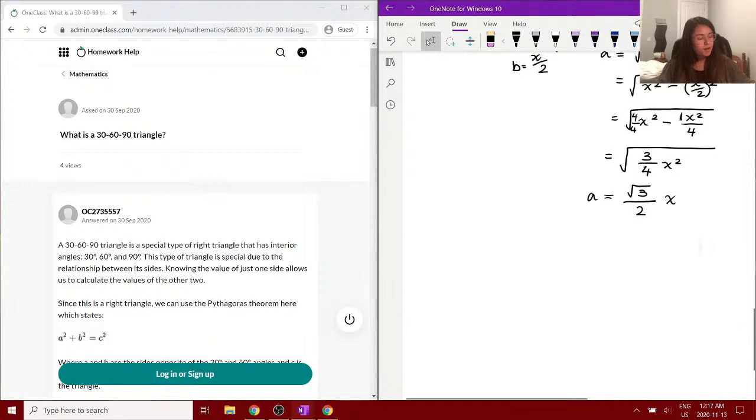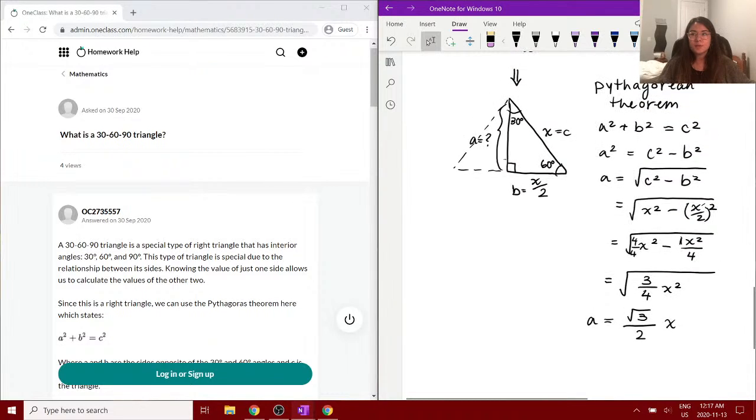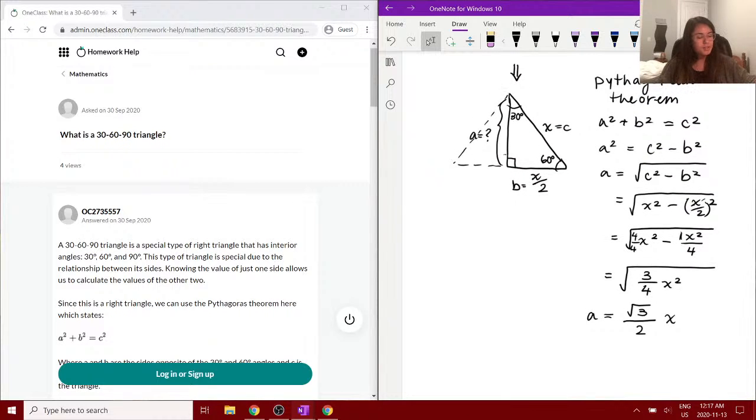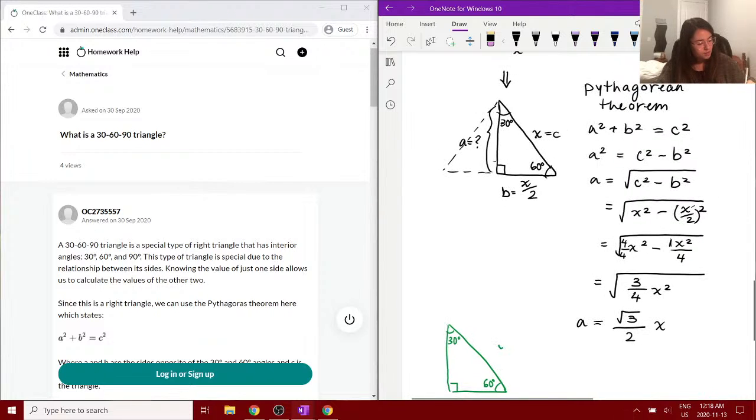So now we have our completed triangle from up here, right? We know what side length A is now. So let's draw our final known triangle, okay? So if we have 30 degrees, right angle, and 60 degrees, we knew from before that this side is x.